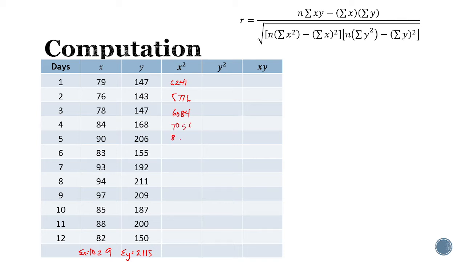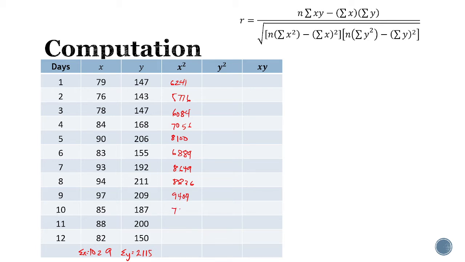So I'll go ahead para dito, 90 times 90, that will be 8,100. I have here 6,889. We'll have here 8,649 and so on. That is 8,836, 9,409.